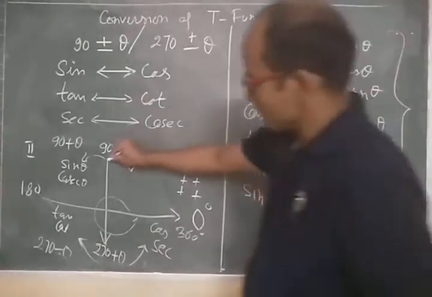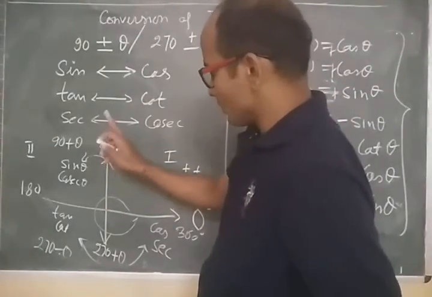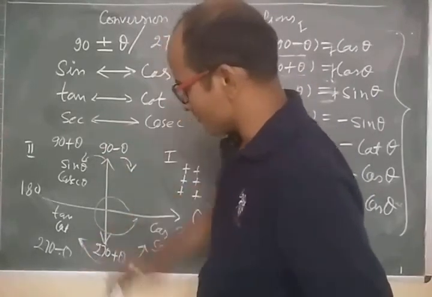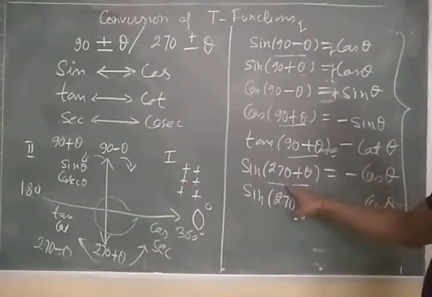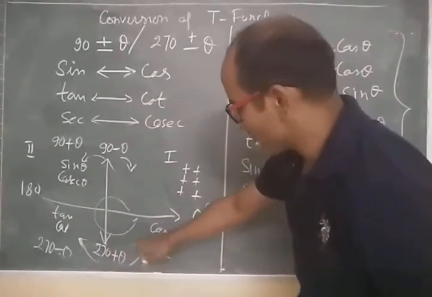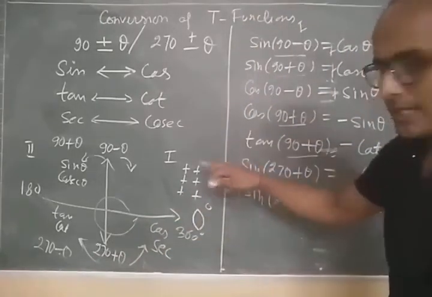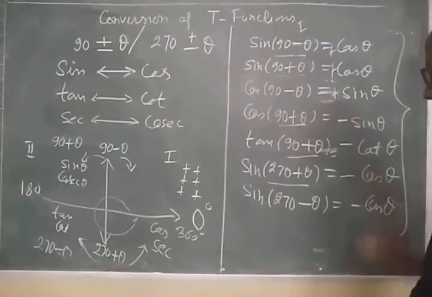Again, the rule for 90 minus theta or 90 plus theta is the same for 270 plus theta or 270 minus theta. Like sine 270 plus theta: 270 plus means the fourth quadrant. In the fourth quadrant, the sign of sine is negative, so the answer will be negative.